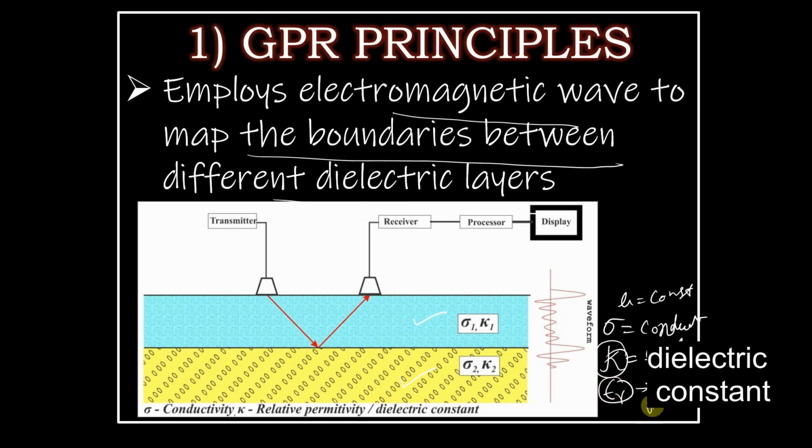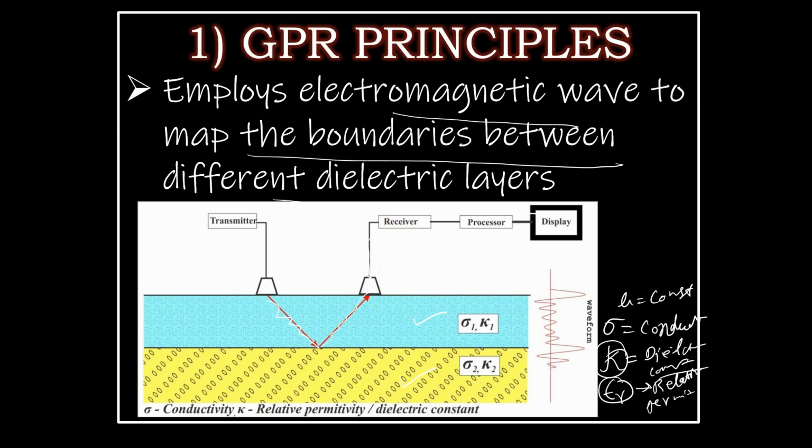Both are the same, or dielectric constant. Okay, so what happened here? The transmitter transmits an electromagnetic wave to the ground and it will be reflected from this boundary, and these reflected signals will be received at the receiver portion, and recorded using some control unit that I will discuss later.